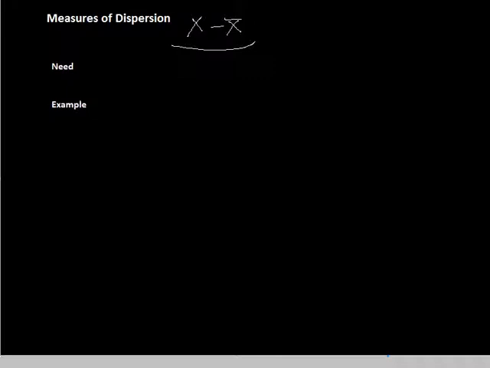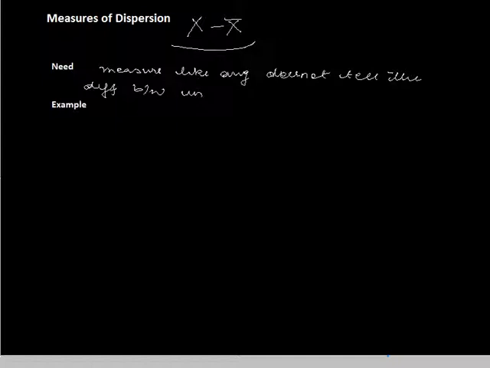Again, a measure of average does not really indicate the difference between individual items. A measure like average does not tell you the difference between individual items in the series and their mean.